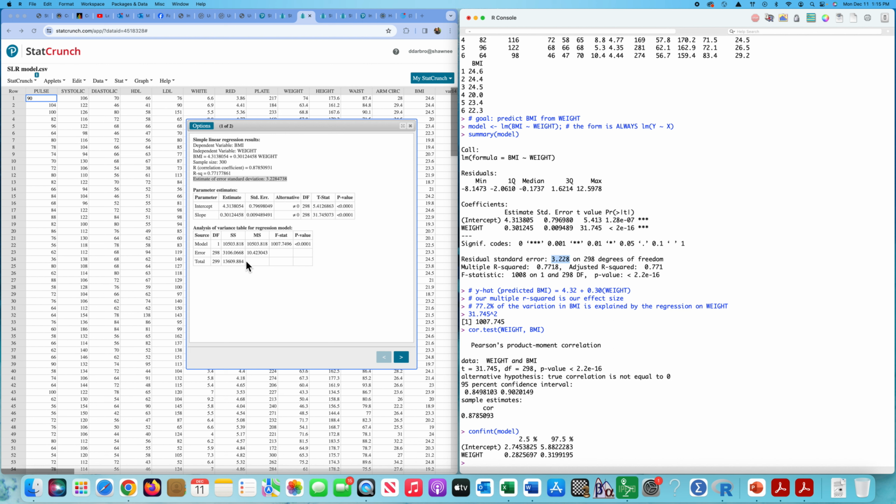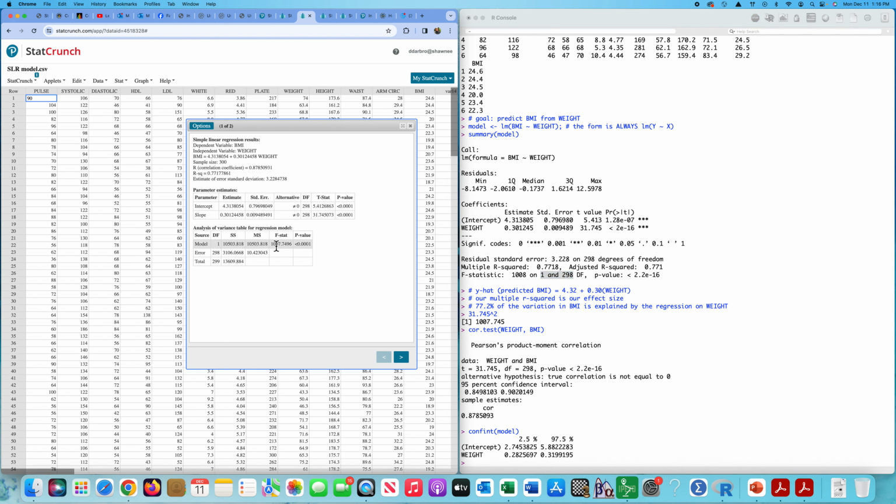Now, one thing that's a little different is we have what's called an ANOVA table for regression. This information is given over here. It's just a little different form. This is the model diagnostic. Notice degrees of freedom 1, 298.